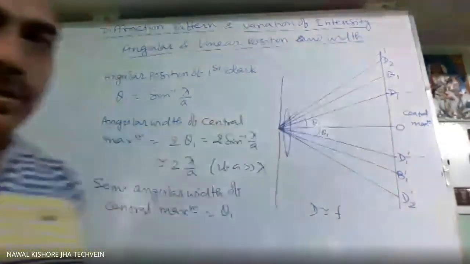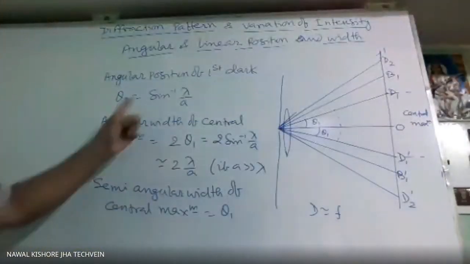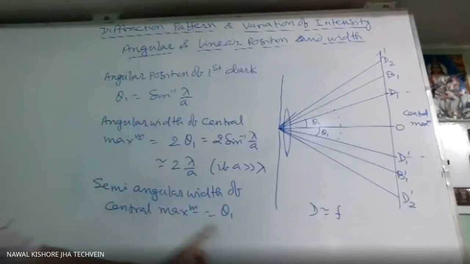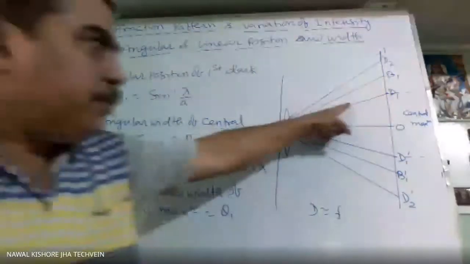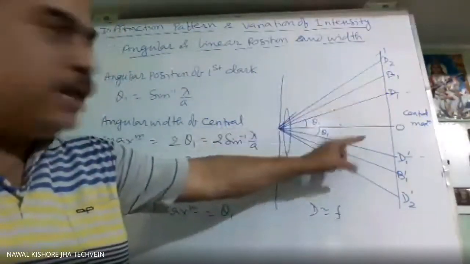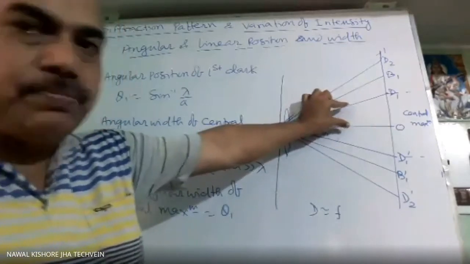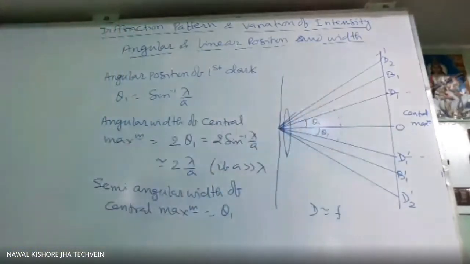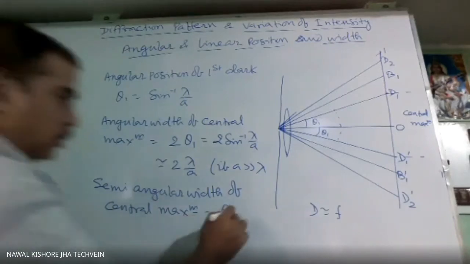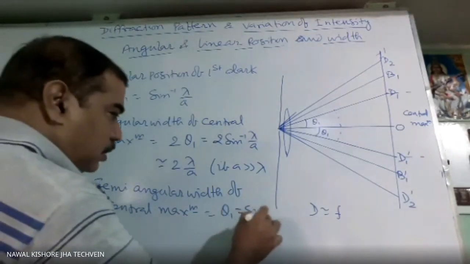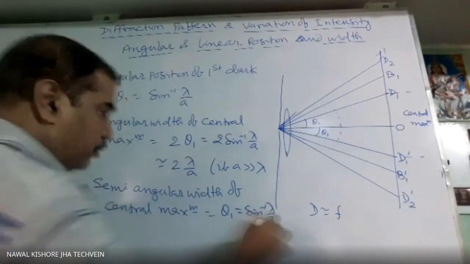So angular position of dark and semi-angular width of central maximum are the same. Angular width means from here to here, this angle. Semi means half, so only this part. That is theta 1, that is semi-angular width. So sine inverse lambda over a.